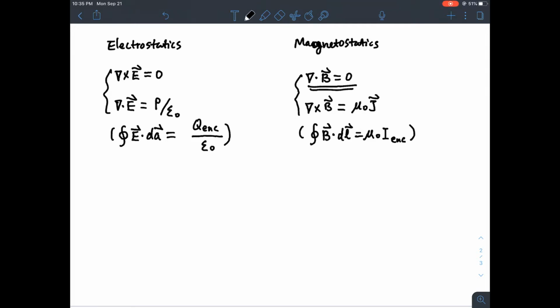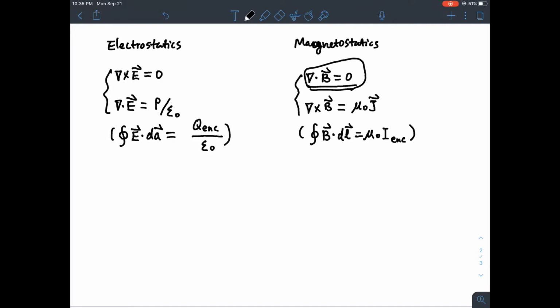Because if magnetic field lines were like electric field lines, they must originate from somewhere and terminate on other things. That would mean the divergence of the magnetic field is non-zero.